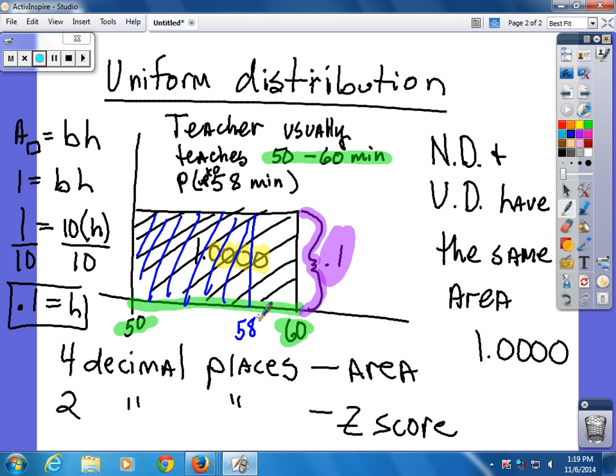So what's my base? 8. And what's my height? And what's 10% of 8? 0.8, which is 80%. And that's how you do uniform distribution.